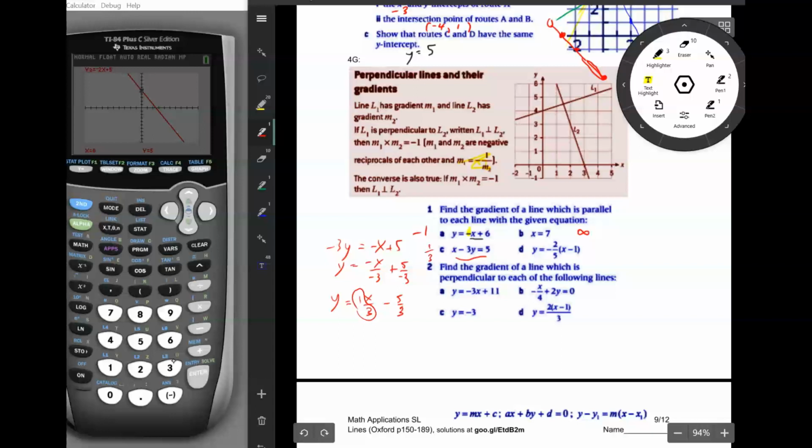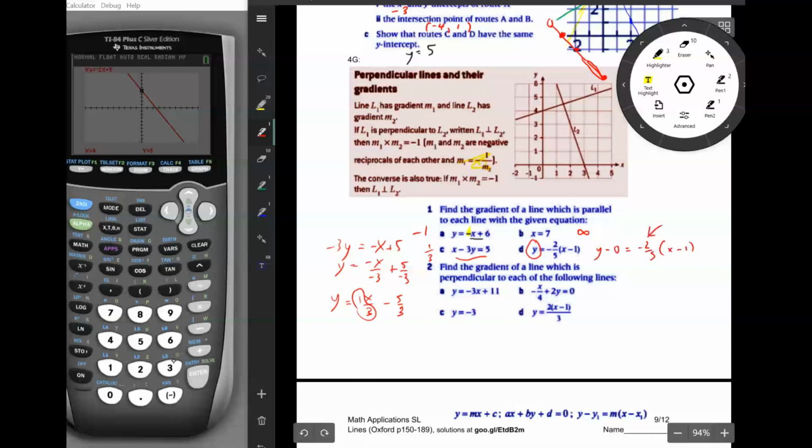All right? Okay. And what about for D? D happens to be in, it looks like it's halfway in between gradient-intercept form and point gradient form, right? You're like, ooh, this would be point gradient form, except there's no number being subtracted from y. Well, there is a number being subtracted. It's 0, right? So this could actually be considered gradient-intercept form.